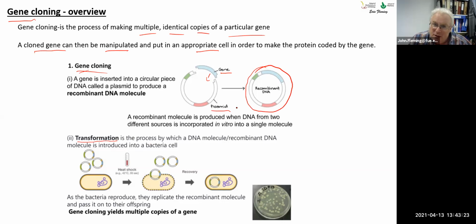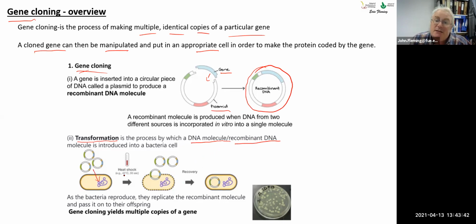So once we have this circular DNA, this plasmid, through the process of transformation, we can take that DNA molecule, which when we manipulate DNA in this way, we often refer to as recombinant DNA, and we can put this into the bacterial cells.